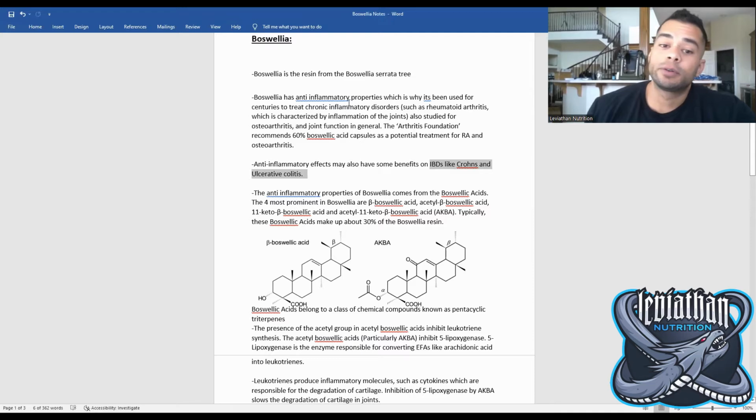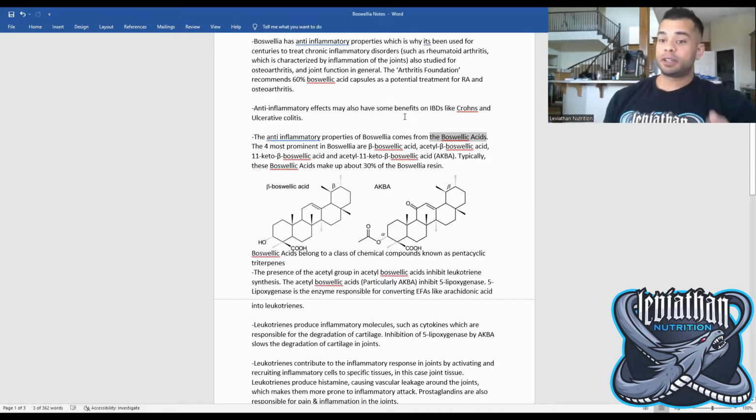The anti-inflammatory effects of Boswellia also may have some benefits on inflammatory bowel diseases such as Crohn's and ulcerative colitis. So going back, these boswellic acids are basically what is responsible for those anti-inflammatory properties in Boswellia.